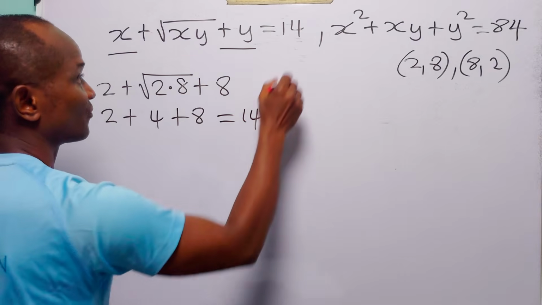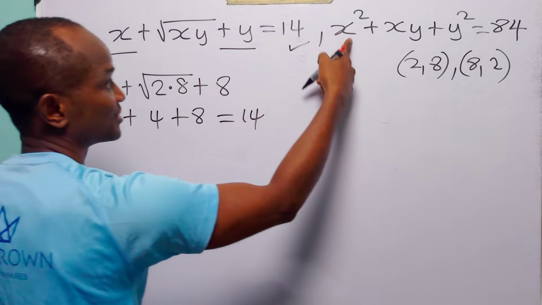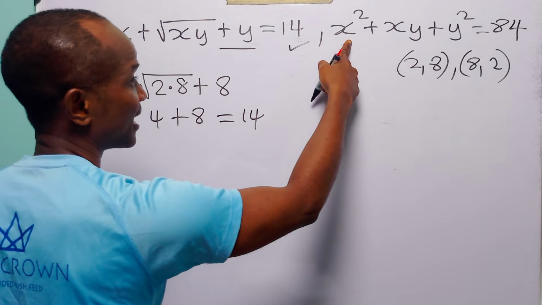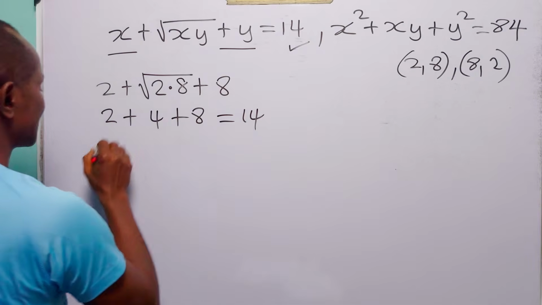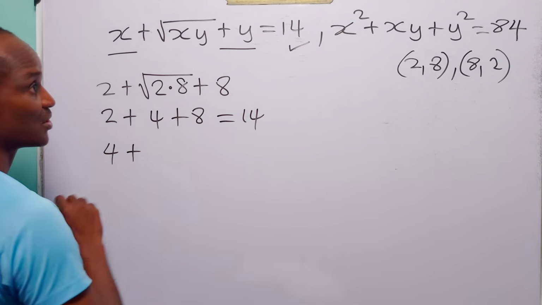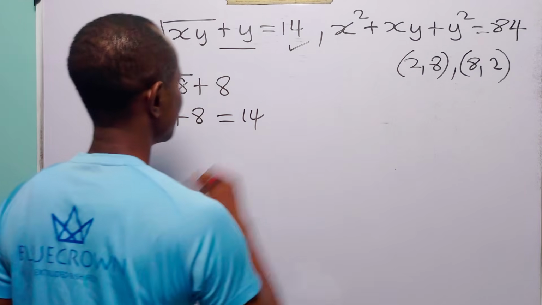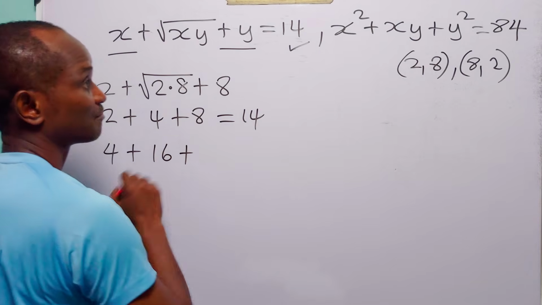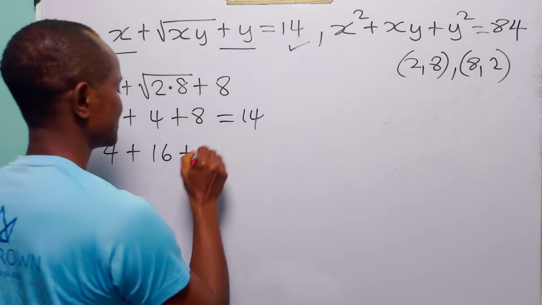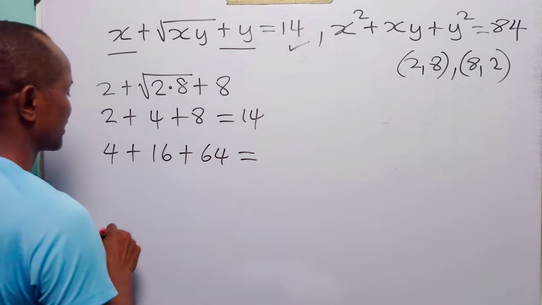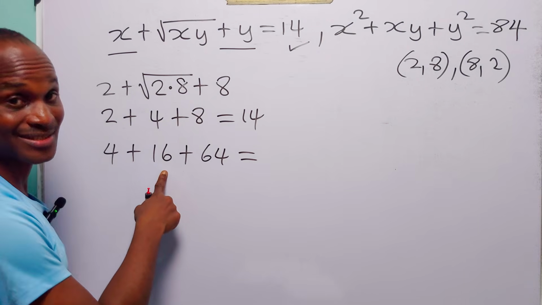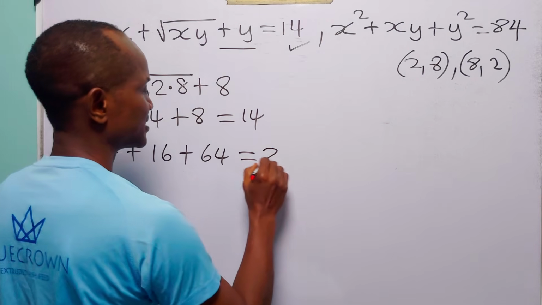This is equal to 14. Now substituting into the second equation, we have 2 squared, that is 4, plus 2 times 8 is 16, plus 8 squared is 64. 4 plus 16 is 20. 20 plus 64 is 84.